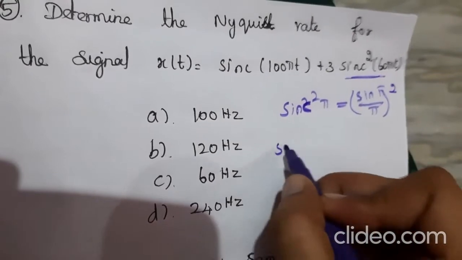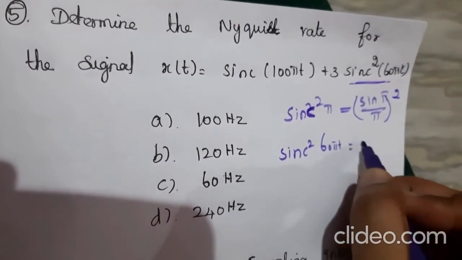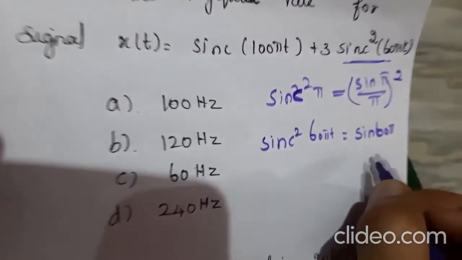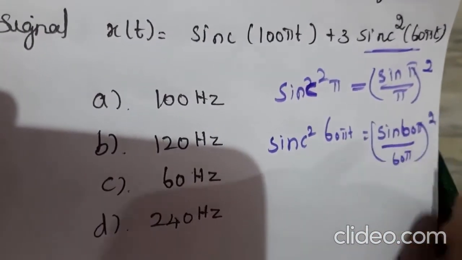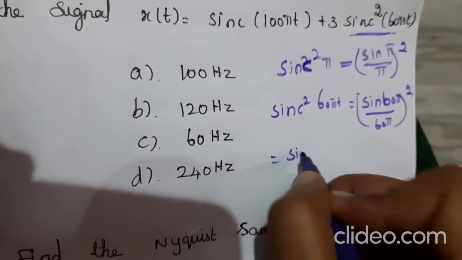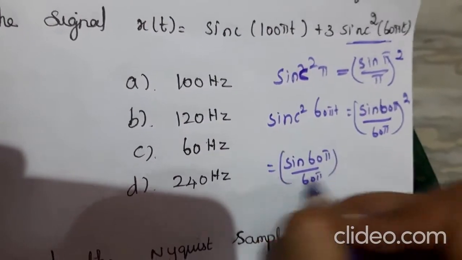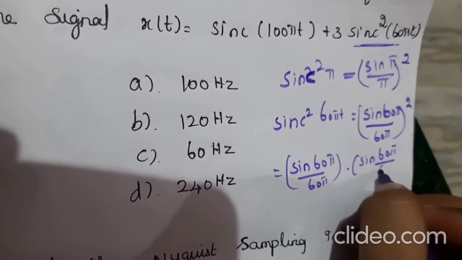So here we have sinc square 60 pi t. So we can write this as sin 60 pi divided by 60 pi the whole square. So this can be rewritten as 60 pi into sin 60 pi divided by 60 pi.